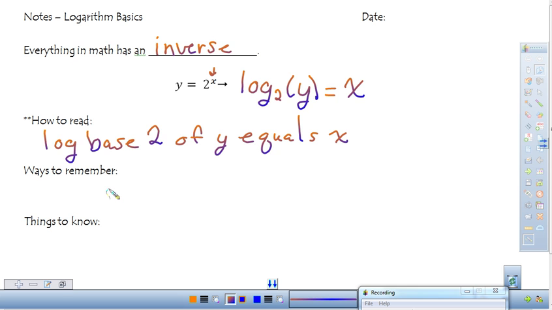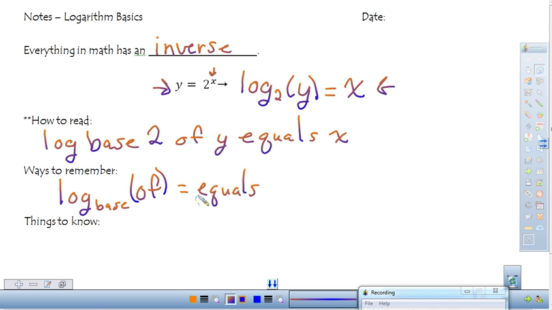So, some ways to remember how to convert it, which is the most important thing, the thing that you're going to do the most often, is I think how to read it correctly is what makes it the easiest. So keep in mind, you have log base some number of some number and then equals some number.